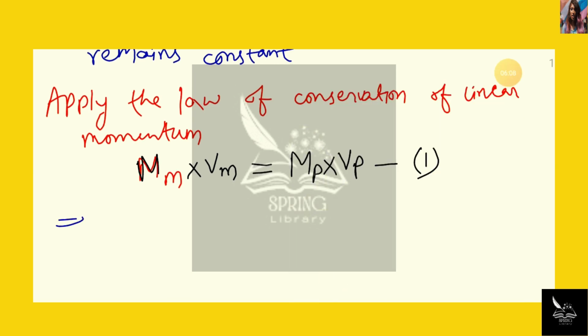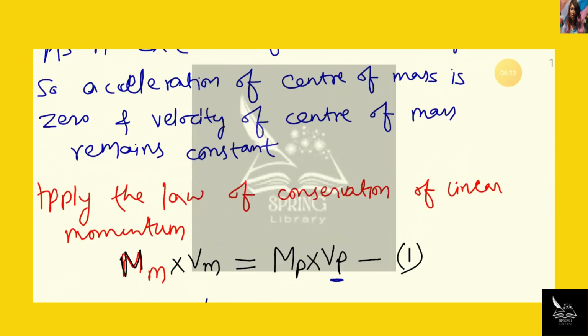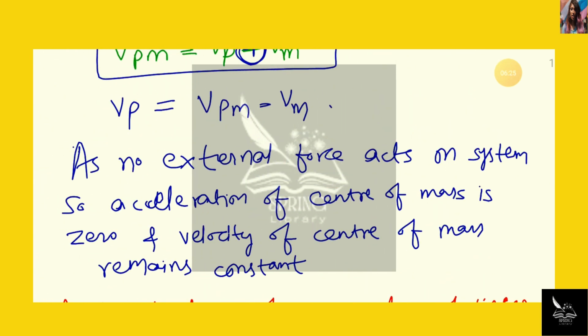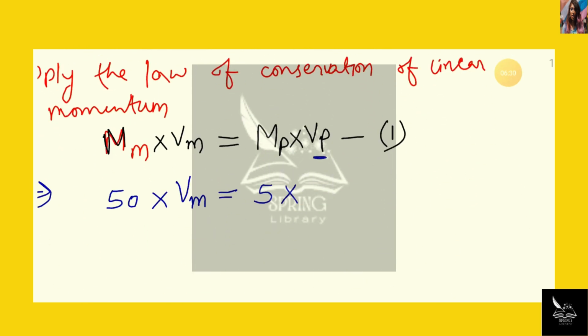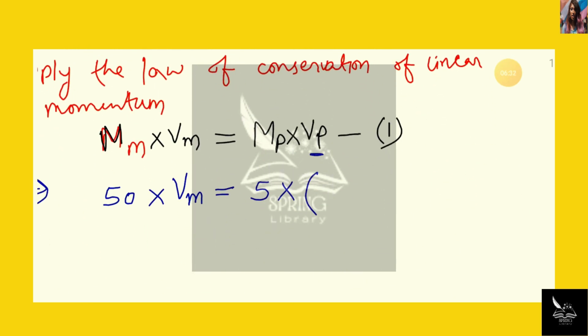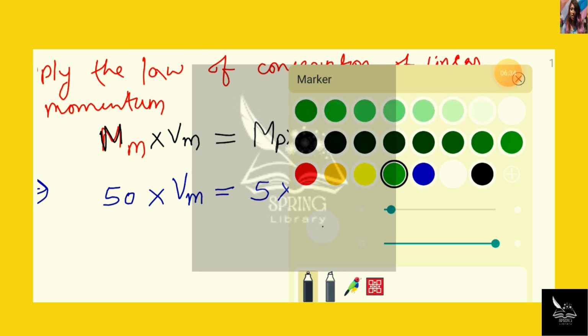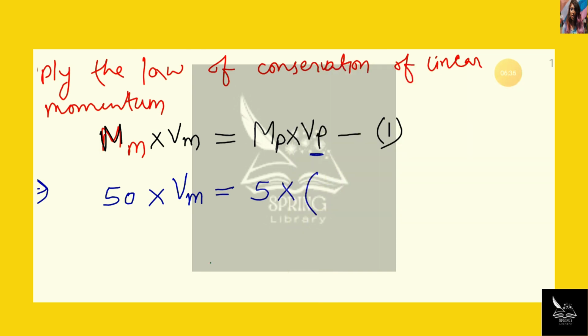So now the next step is to substitute the data. mm, the mass of the experimenter, is 50 kg, multiplied by Vm, which we have to find, is equal to mp, that is 5, multiplied by Vp, which from the above step is vpm minus vm.